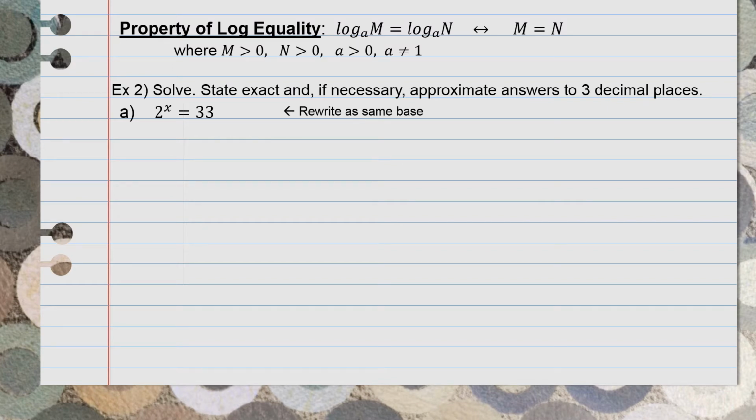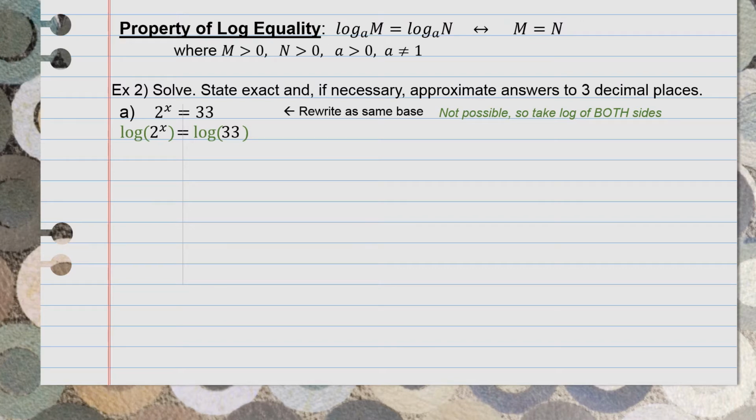But we saw earlier that's not possible, so what do? We use the property of log equality, meaning we will take the log of both sides of the equation. On the left, I will take log of 2 raised to the power of x, and on the right side, I take the log of 33.